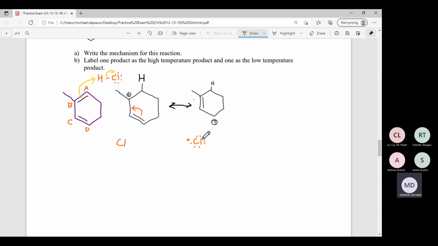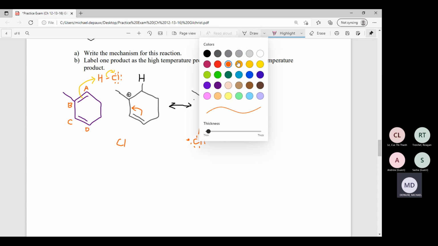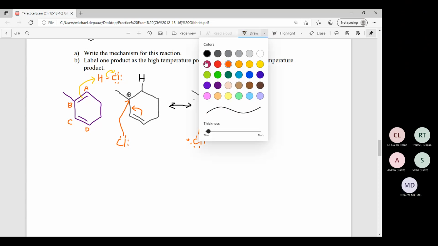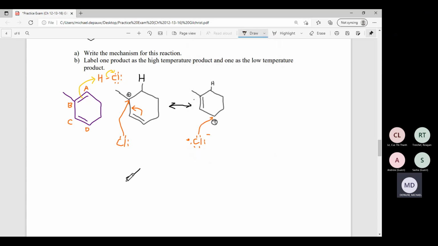So basically, this chlorine is going to come and attack here, or this chlorine is going to come and attack here. And if it attacks the first carbocation, the tertiary one, you get this product.